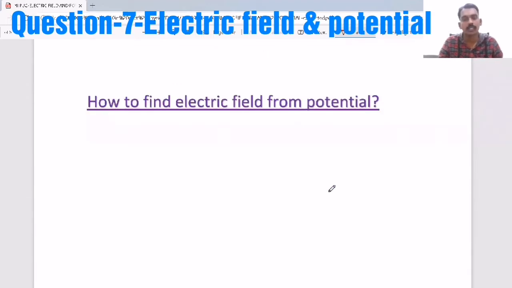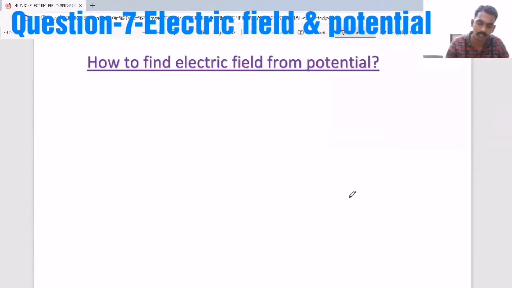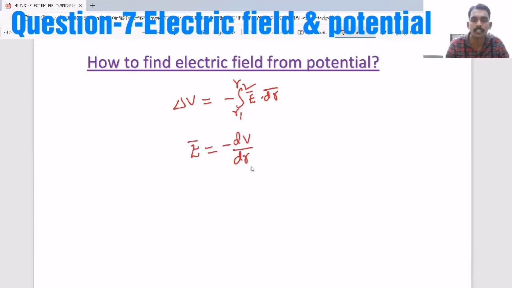Now, based on this relation, one important question they will ask is how to find electric field from potential. The potential difference dV equals minus integration E bar dot dr bar from R1 to R2. Then E bar will be written as minus dV by dr, where E bar is Ex i cap plus Ey j cap plus Ez k cap.